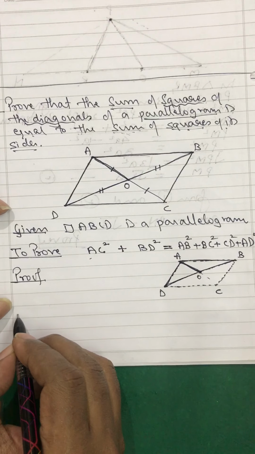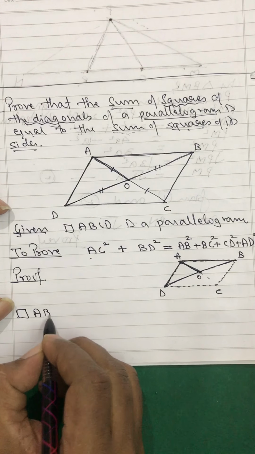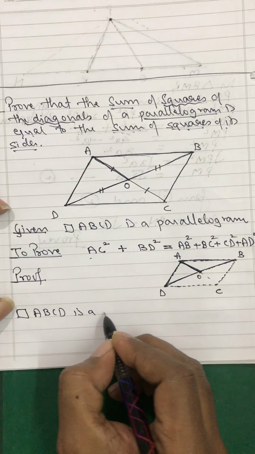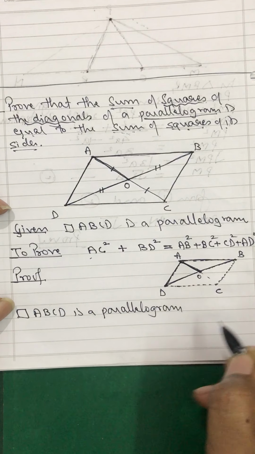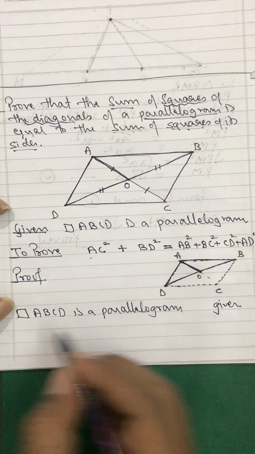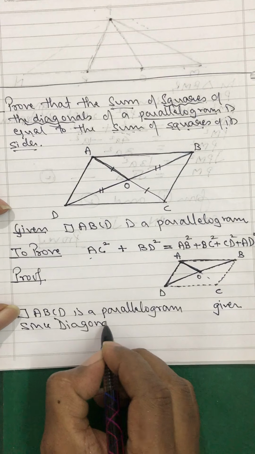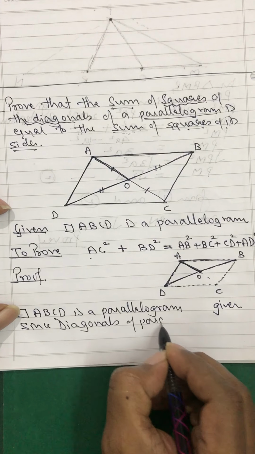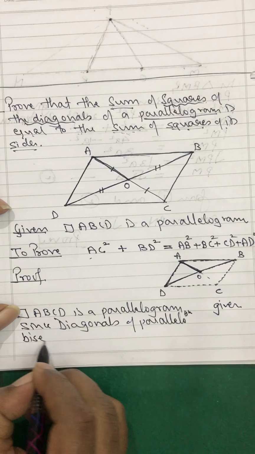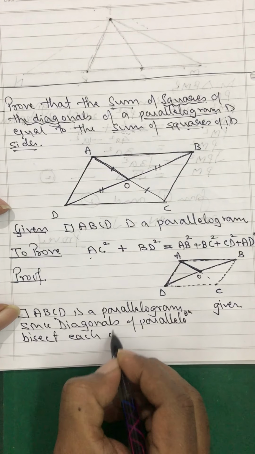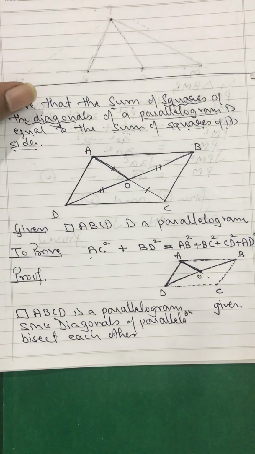you will have to bring it to notice that quadrilateral ABCD is a parallelogram. Definitely there is a reason it is given. Then you will tell: since diagonals of a parallelogram bisect each other, therefore O is the midpoint of AC.